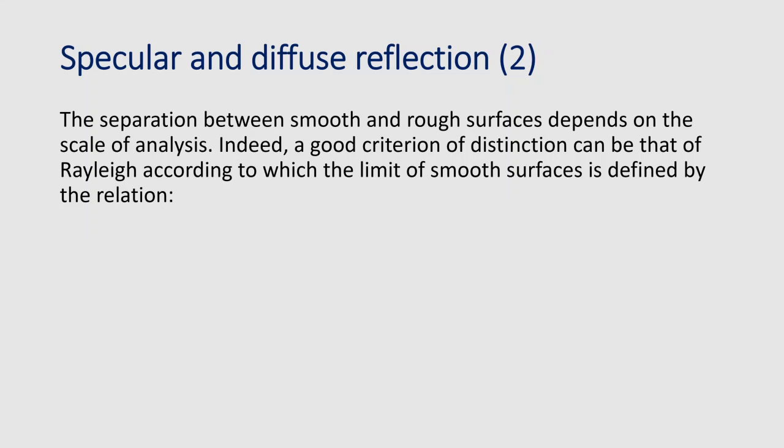A good criterion of distinction is that of Rayleigh, according to which the limit of a smooth surface is defined by a relation. This is a very simple relation, called the Rayleigh relation, again Rayleigh as in selective scattering, with which we can understand if the surface is smooth, and so behaves as a specular surface, or rough, and if it's rough it will behave like a Lambertian reflector.